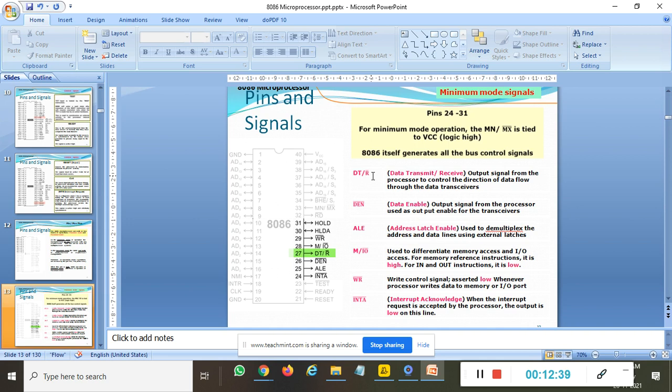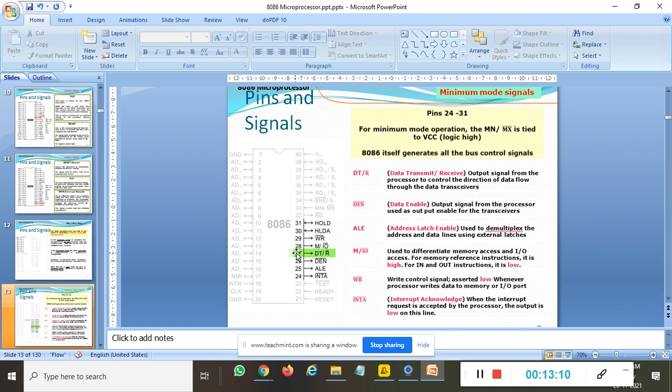So the DT/R output signal from the processor controls the direction of data flow through the data transceiver.